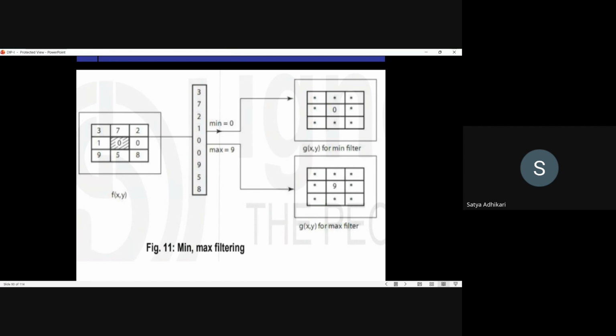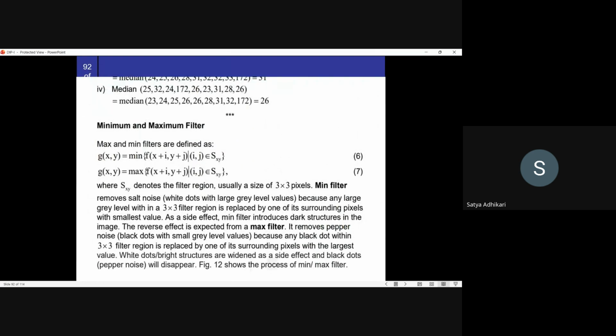No white spot remains in the min filter, and no black spot remains in the max filter. The demerit of the min filter is that it introduces dark structure. Similarly, the max filter introduces bright structure. These are the two side effects, or demerits, of the min filter and max filter respectively.